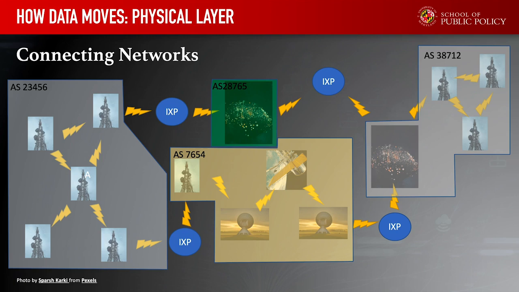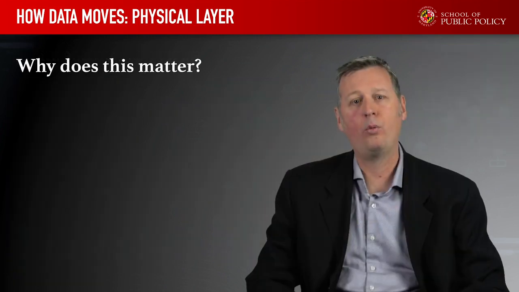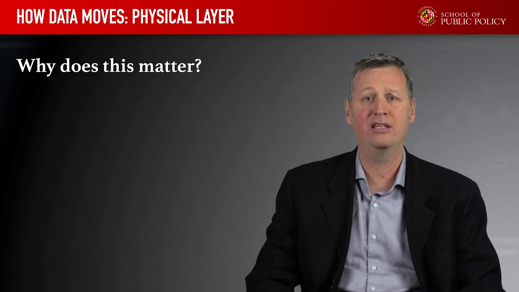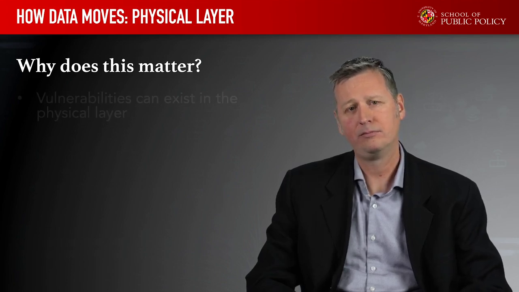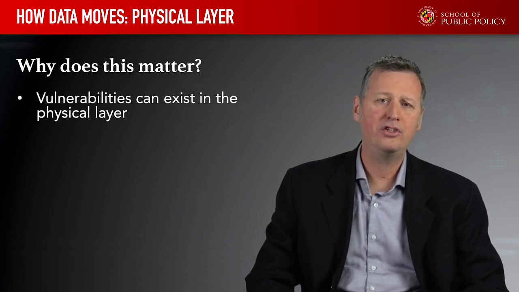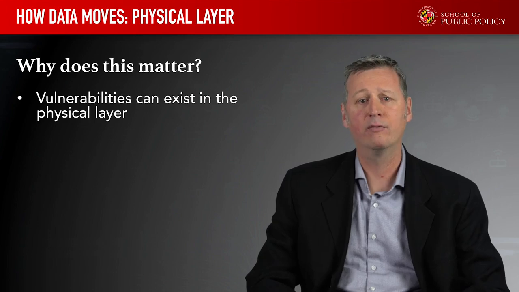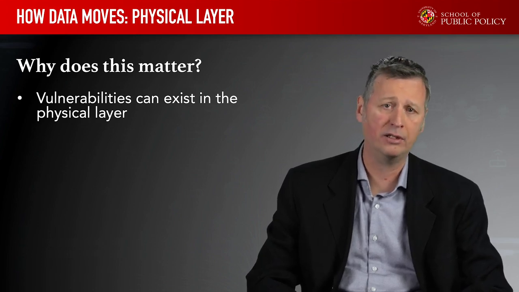That's how that works. So why does this matter? Why do we go through this exercise of talking about the different layers in the OSI model? Well, just as we found in the app layer and just as we found in the network layer, vulnerabilities can exist at the physical layer.